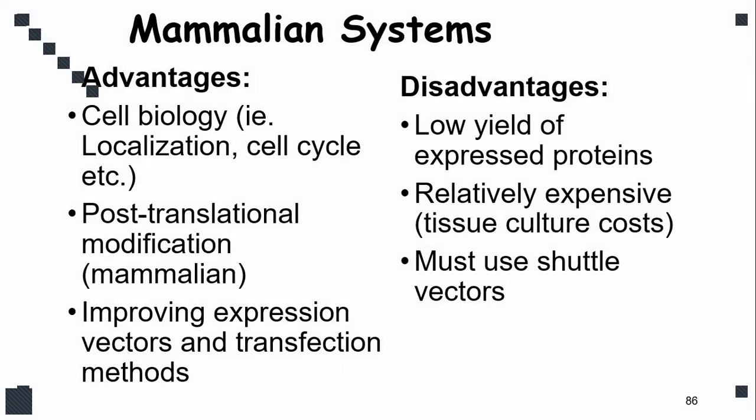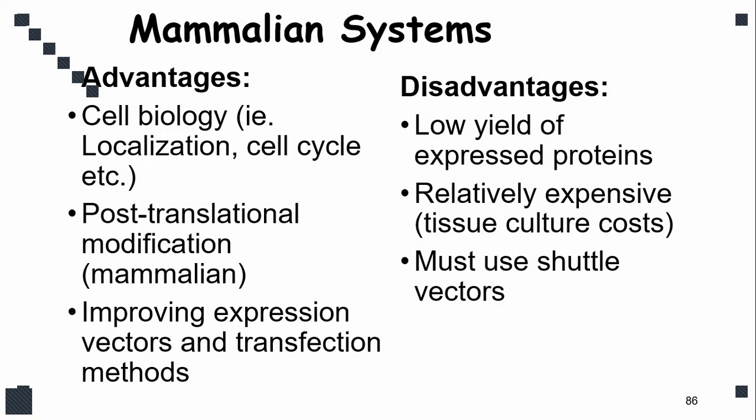So what are the mammalian system advantages and disadvantages? Number one, it is used for cell biology, localization, and cell cycle studies. Two, post-translation modification. Three, improving expression vectors and transfection methods. These are all strategies we can understand and then apply. Are there disadvantages? Why not? Number one, low yield of expressed proteins. Number two, relatively expensive tissue culture costs and the rest.